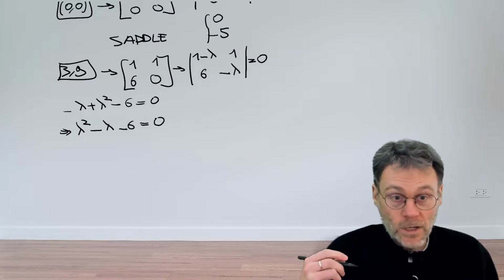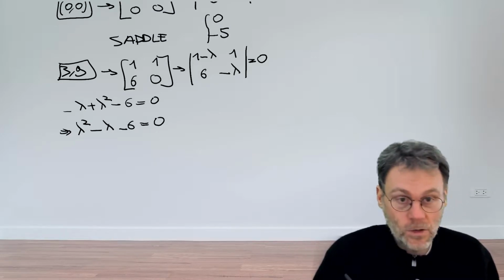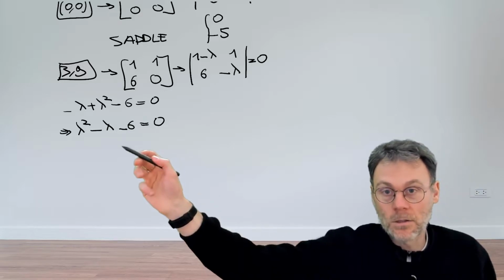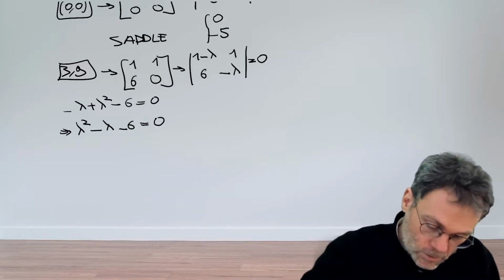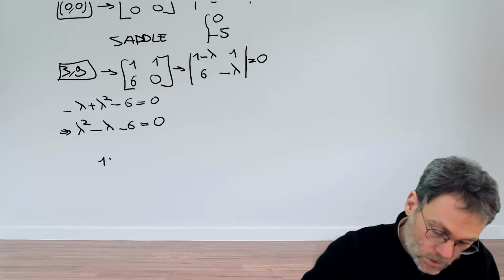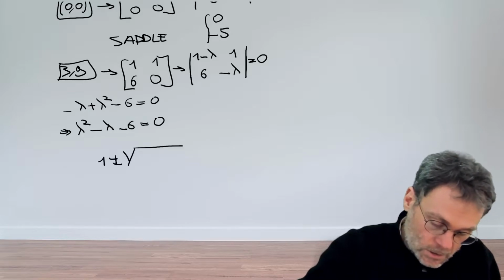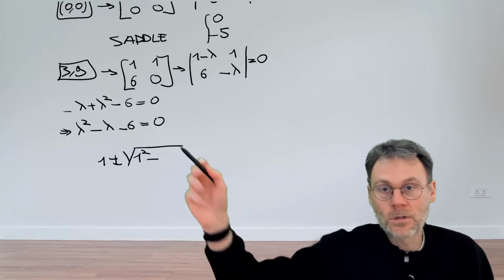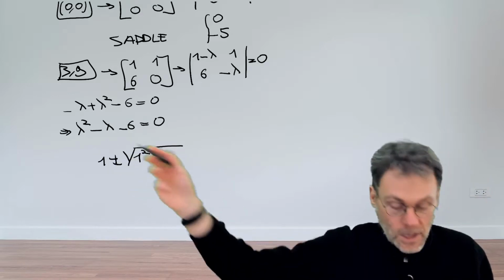Now we have a quadratic equation, so let's just figure out the solutions. The solutions are minus the coefficient of lambda, so that's 1, plus or minus the square root of that thing squared, minus 4 times the product of this guy and that guy.